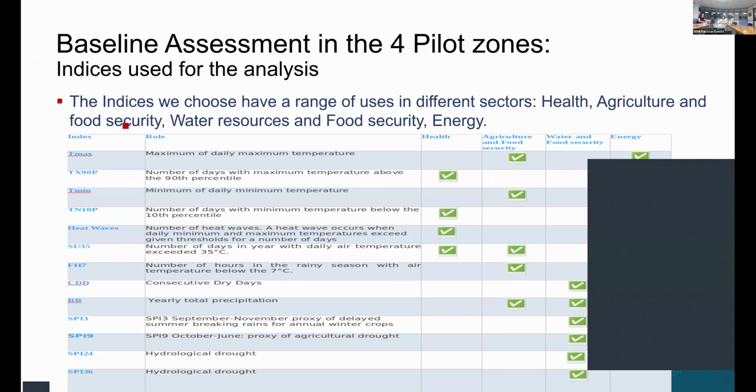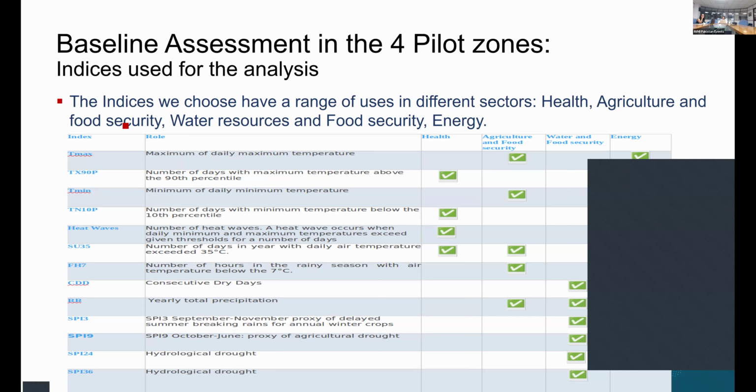The selected indices for the baseline assessment were tailored to cover a wide range of sectors that are particularly vulnerable to climate variability and change, like health, agriculture, food security, water resources, and also energy. We start with temperature-related indices, such as the maximum of daily maximum temperatures, the number of days with maximum temperature above the 90th percentile, and minimum of daily minimum temperatures.